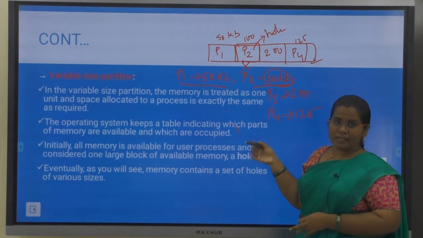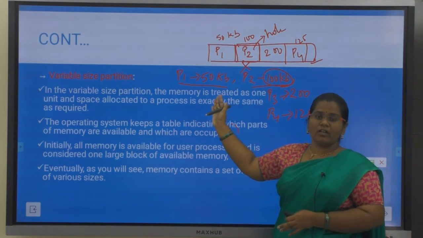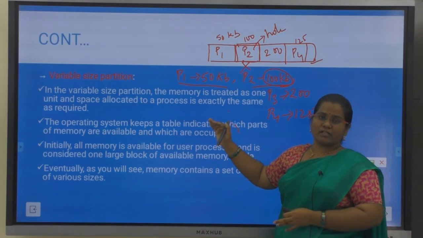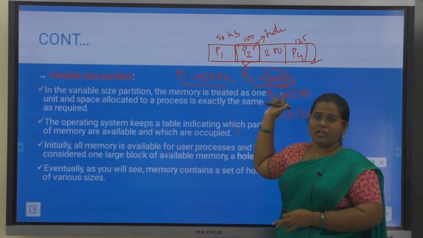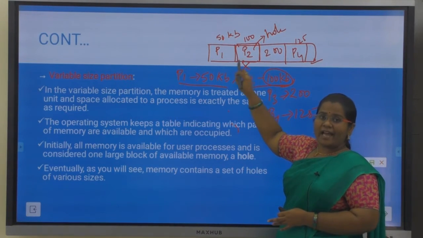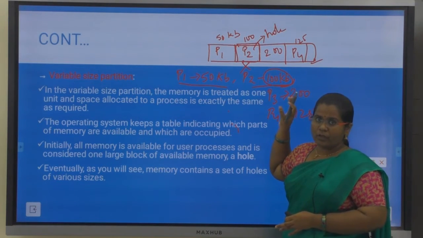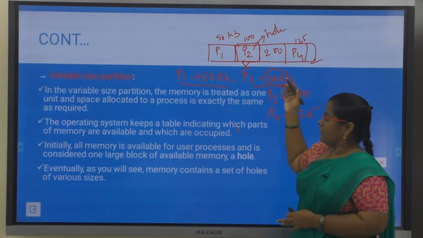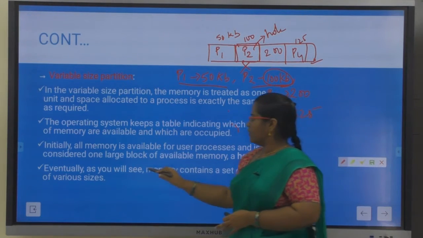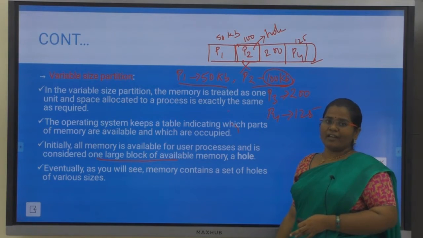So in variable sized partition, initially you will have one big hole. As the processes occupy your main memory, your holes will be scattered here and there, and you will have different sized holes. Your memory will be considered as one large block.